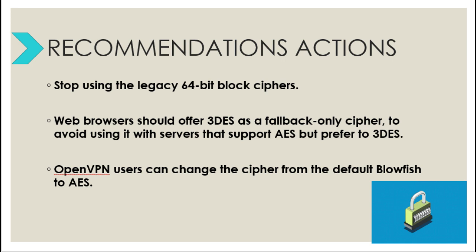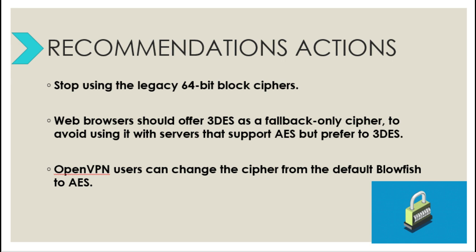And the third one is that OpenVPN users can change the cipher from the default Blowfish to AES. OpenVPN is a popular open source VPN solution originally written by James Yonan. The default encryption for the transport protocol of OpenVPN is Blowfish, which is a 64-bit cipher with CBC mode.